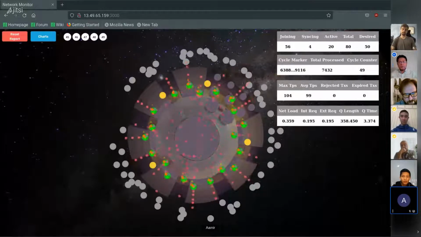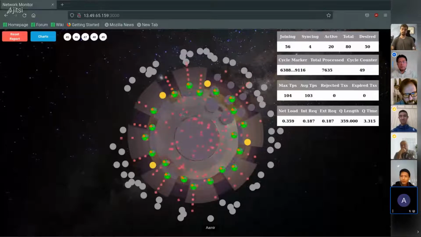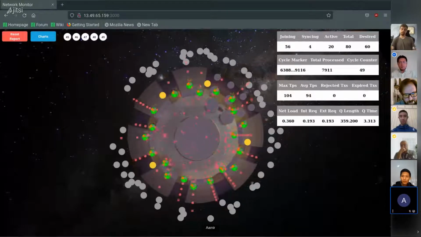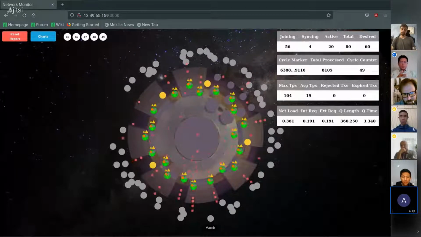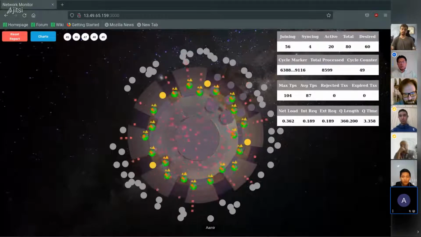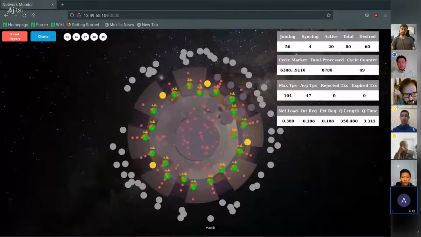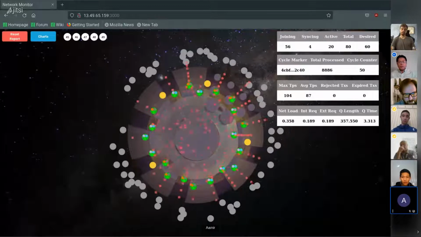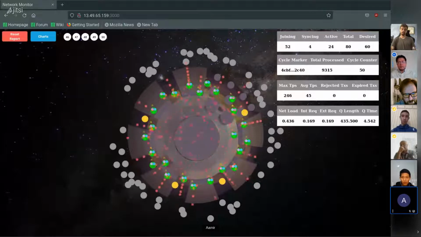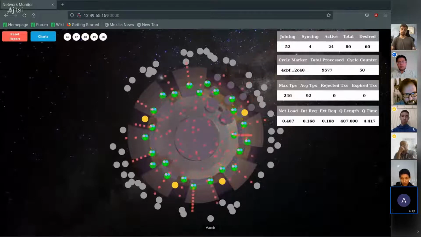But it's those clients that are sending the transactions. And once the transaction hits a particular node, that node will look at it, decide where it needs to get routed to, and then send it to the other nodes in the network appropriately. And that's where you see all these other transactions moving between the nodes.